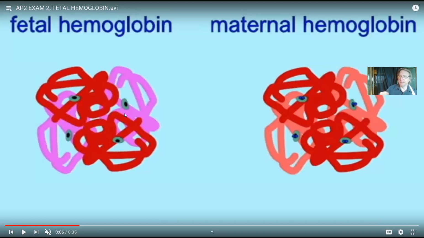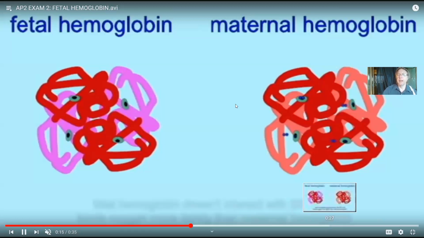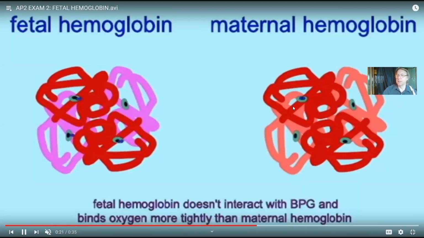So in the placenta, you have the maternal blood, which brought the oxygen there, and then the fetal blood, which is going to leave the placenta. If you were to compare the saturation of hemoglobin in the maternal blood leaving the placenta versus the fetal blood leaving the placenta, you would find that the maternal blood is maybe 25% saturated.